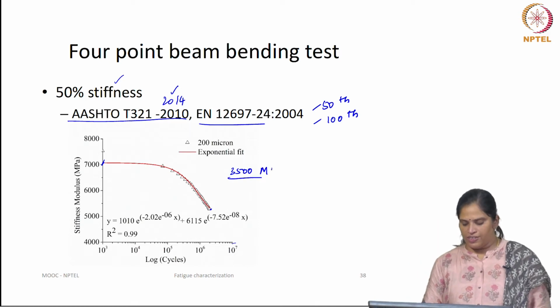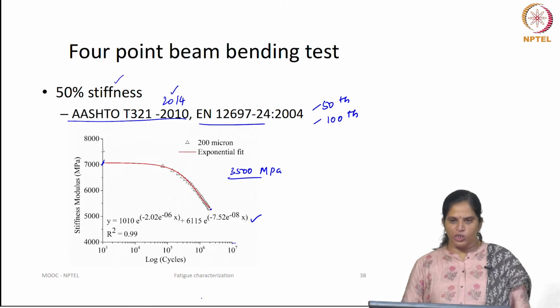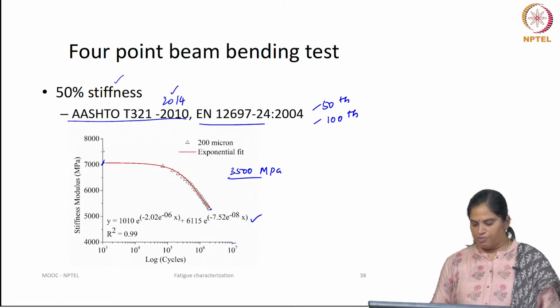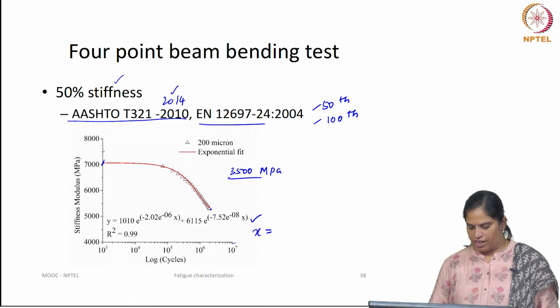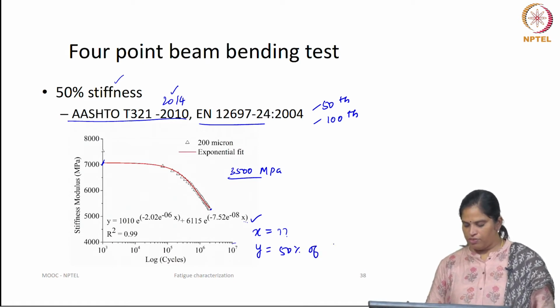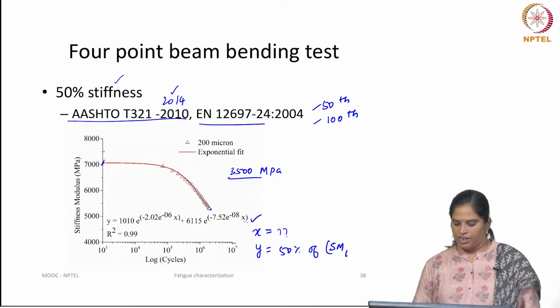In this case you can use an exponential fit and estimate the fatigue life, or you need to find out the x value for the corresponding y of 50% of initial stiffness, or the stiffness modulus at the ith initial cycle.